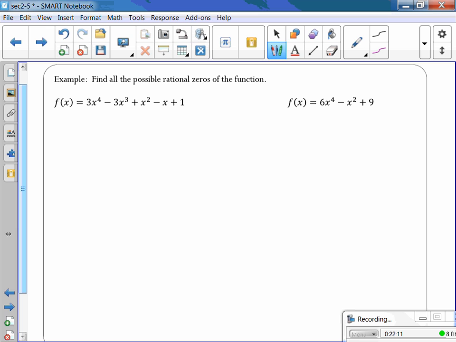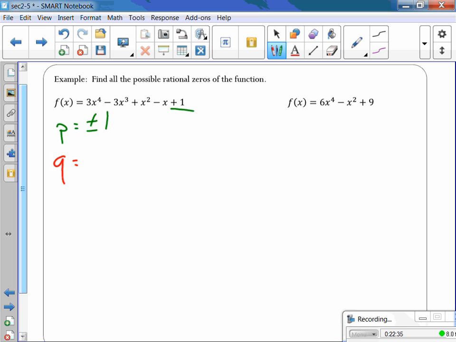Tough one, sure. So ±1 for my constant term. And my factors for my leading coefficient. Well, just 3.